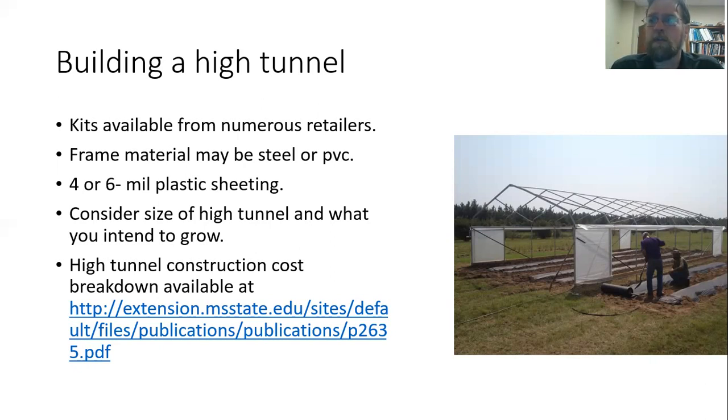And this will be available to you as part of the materials that you receive as part of this meeting. Generally speaking, the cost per square foot is in the range of $1.28 to $1.47, dependent on the size of the high tunnel that you construct, with a slightly lower cost per square foot as the size of the high tunnel increases.